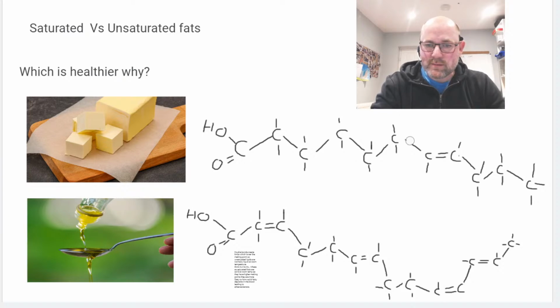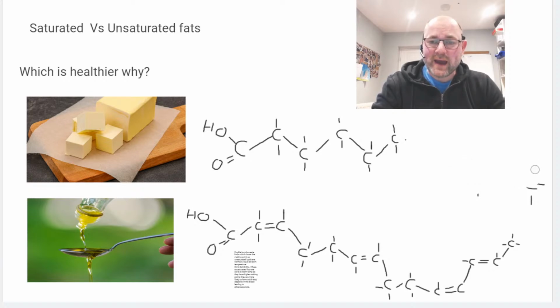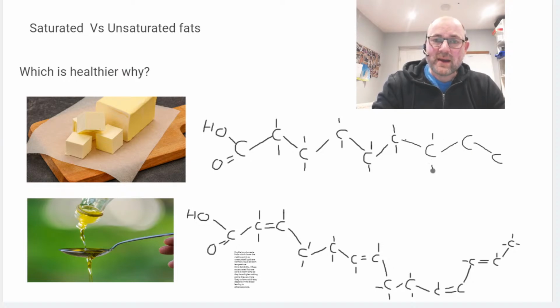let me rub this out. You might remember from your alkanes and alkenes that you did in GCSE what saturated means. Saturated means only contains single bonds. So if we check out, this is a fatty acid side chain. Now, this is a chain, and I haven't bothered drawing all the hydrogens on, but I could stick all the hydrogens on now like this so that you can fully see it in all its glory, but it's quite long.